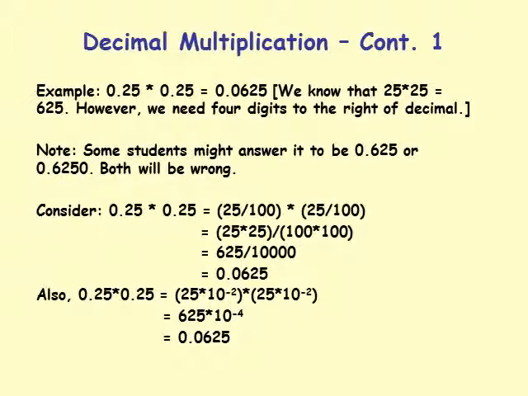Which is again 0.0625. It's not 0.6250, instead it is 0.0625. So 0.25 times 0.25 is 0.0625, just like we got before, just like in here and in here. Okay? Let's continue.